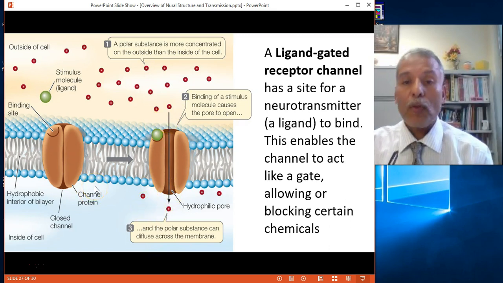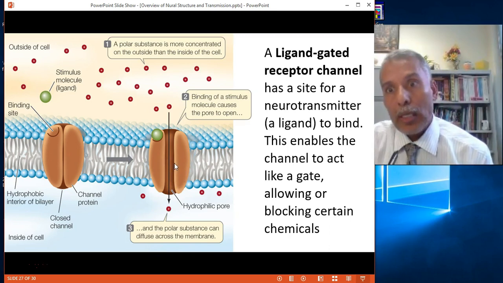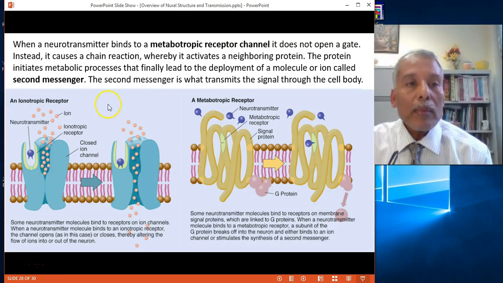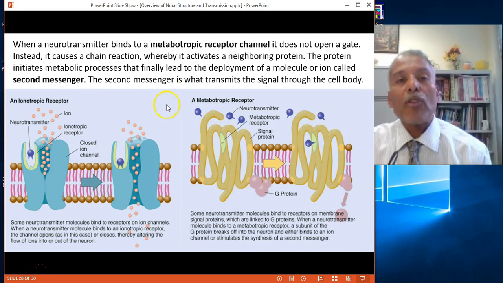So that is straightforward. And so it acts like a gate. And a gate is to control who's going in, who's going out. The metabotropic receptor channel here, again, doesn't act like a gate.